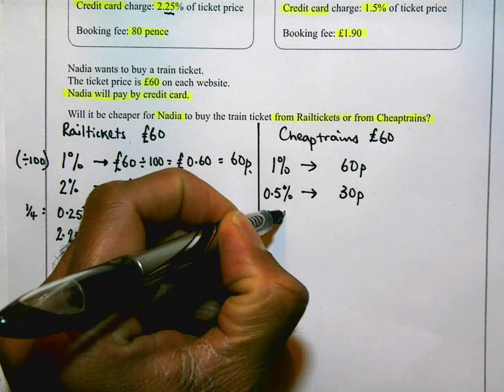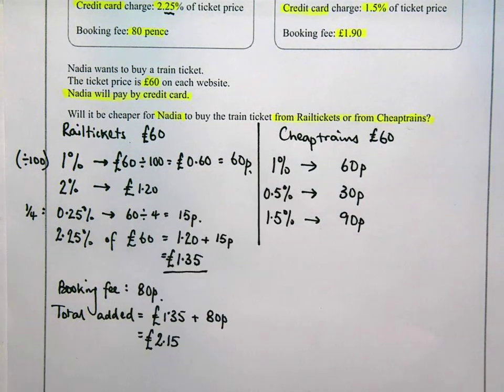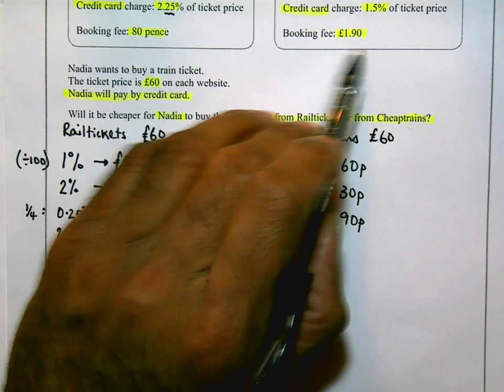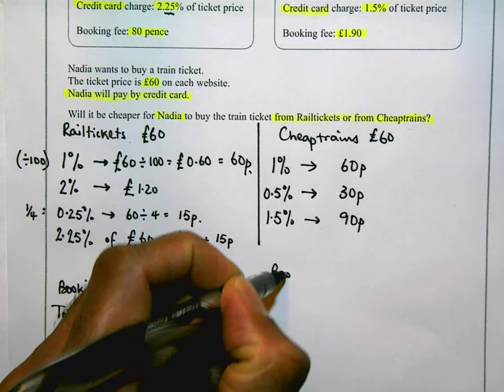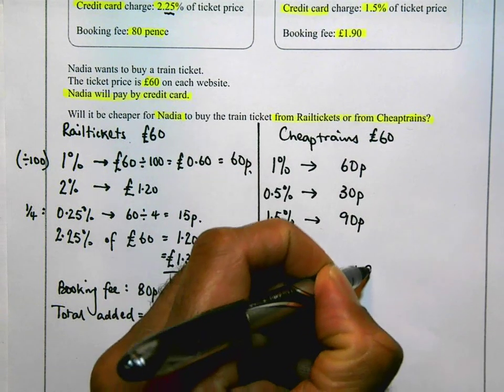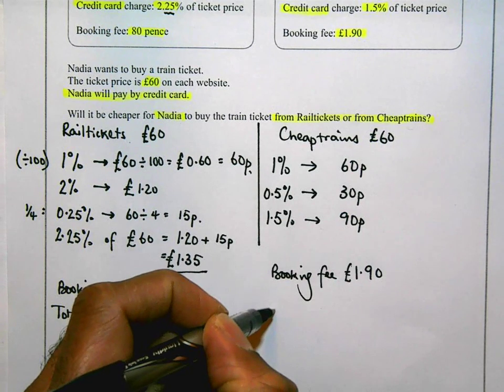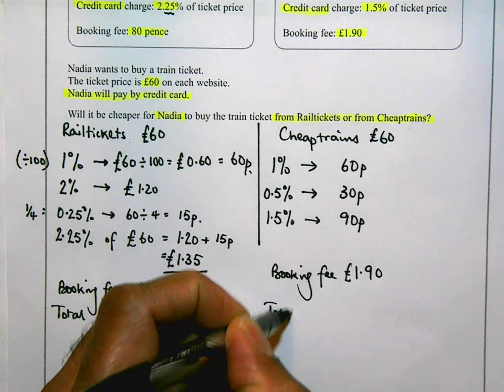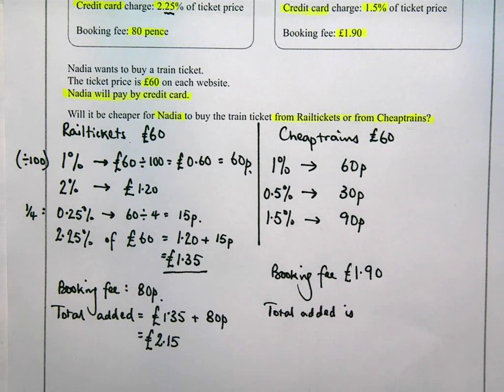Now the booking fee in this case is £1.90. So for cheap trains, the total added is 90 pence plus £1.90.